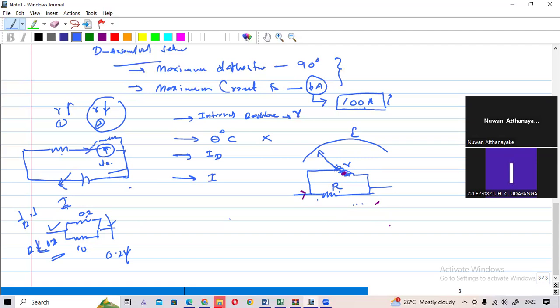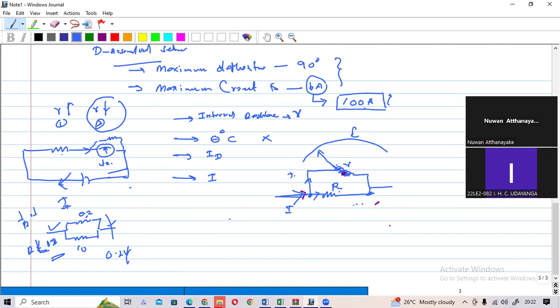So now what happened? If you consider this one and this one, the current is coming through this and through this. At the point where the current comes in, you can apply Kirchhoff's current law. The incoming current is divided into two. One current is going through this resistor and another current is going through this resistor.